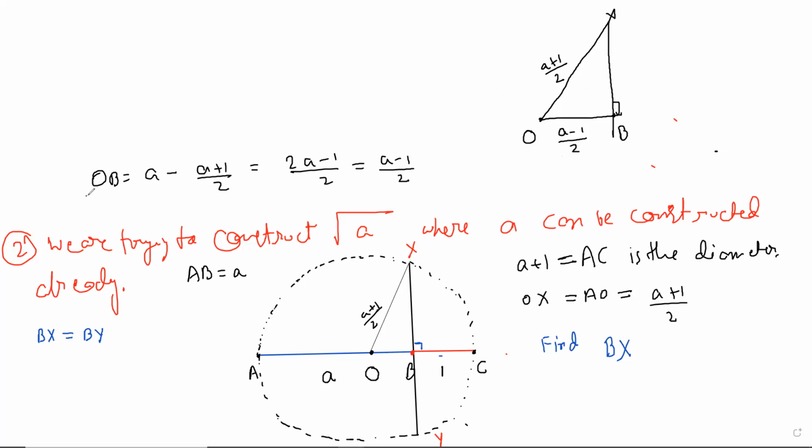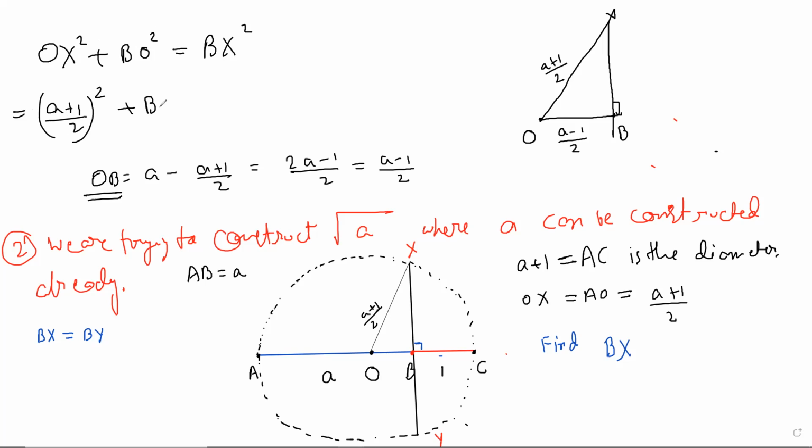So OB is clear, right? OB is just the difference. So can we find BX? OX square. This is just a small calculation. BX square, and let's just put the values.